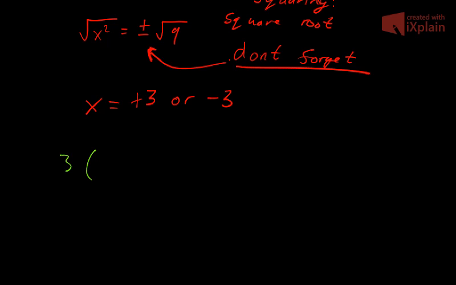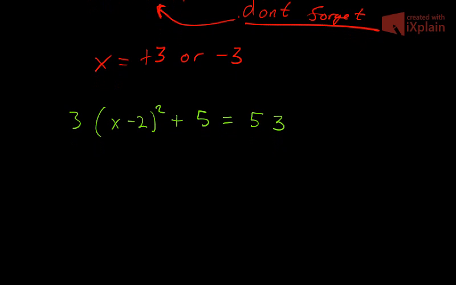So if I have 3 times (x minus 2) squared plus 5 equals 53, I believe. What's going to end up happening, just so that we can work on a hard problem, this is kind of the challenge problem, is what I'm going to want to do is to get this whole thing, my entire square by itself.